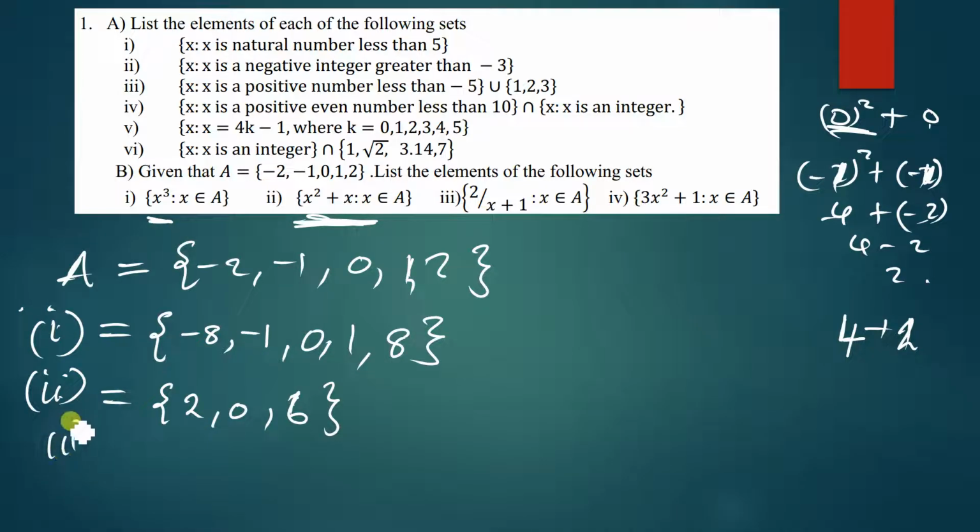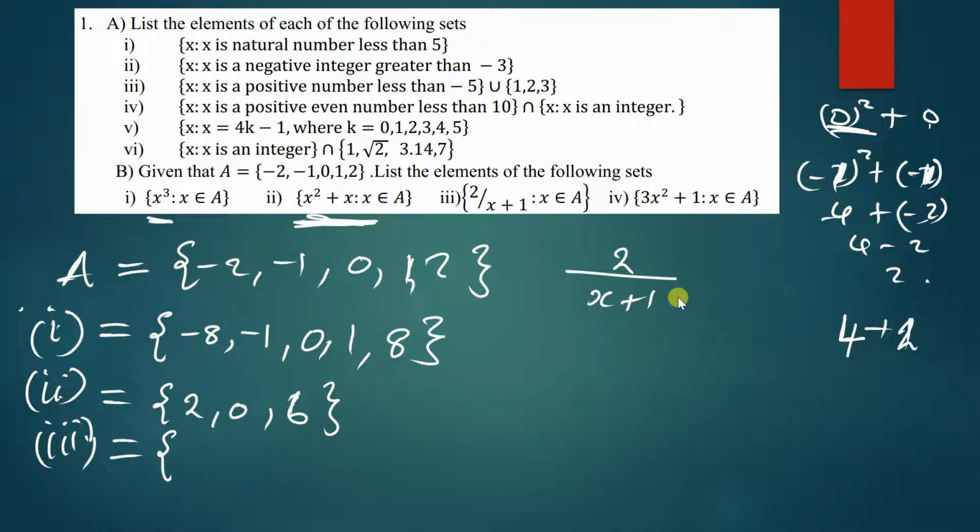So let's look at the third part of the question. So the third part of the question is also simple. I don't know how this equation is, but I'll take it as 2 over x plus 1. They've told us that x is a member of A, so we get the values of A and replace them there.